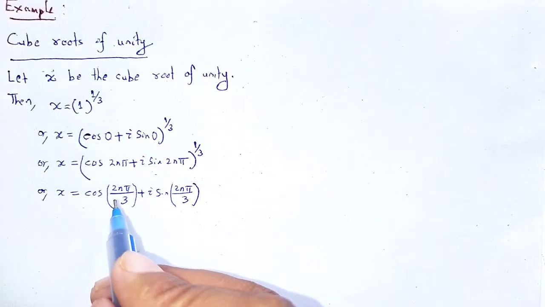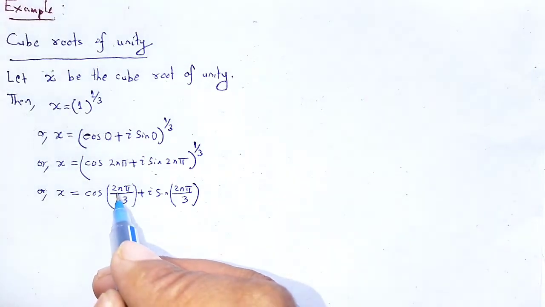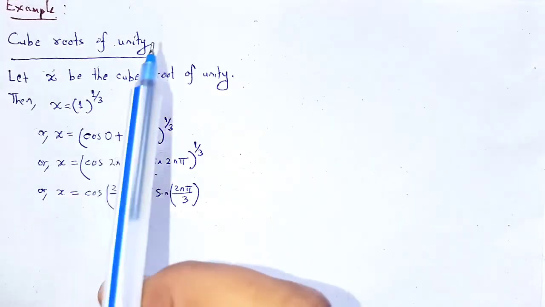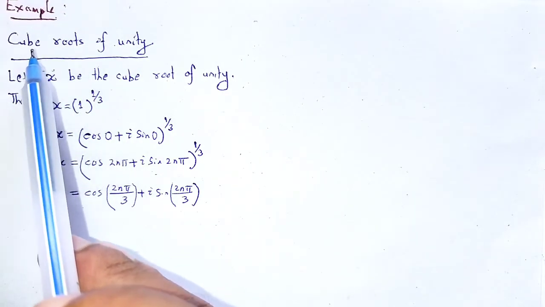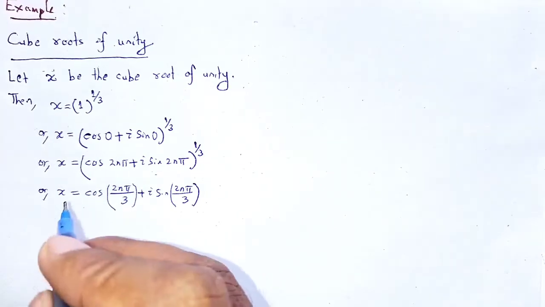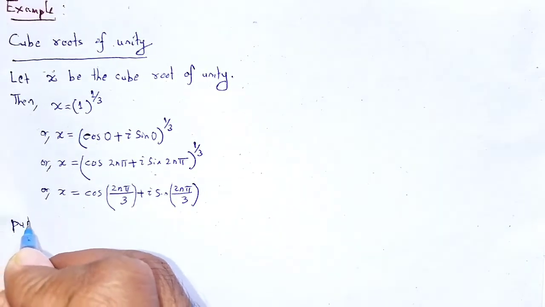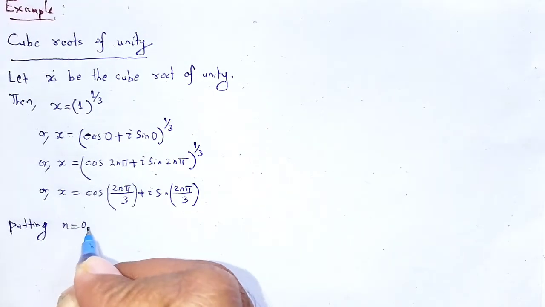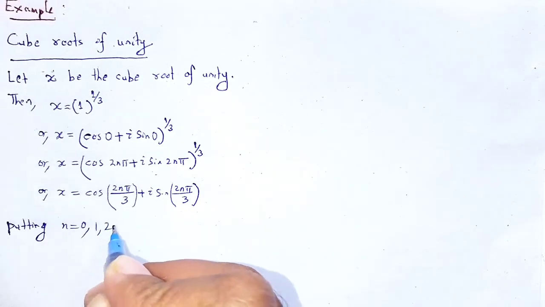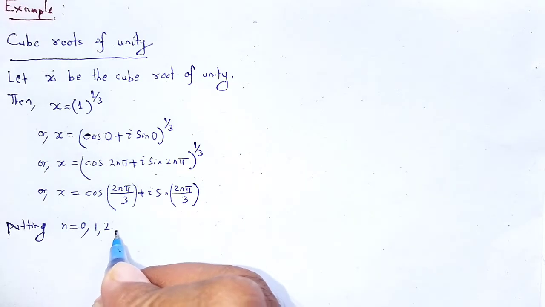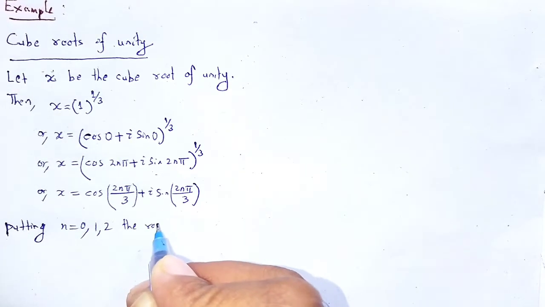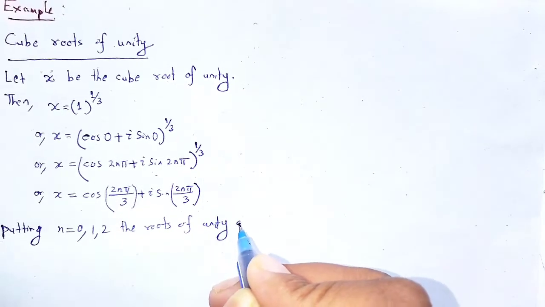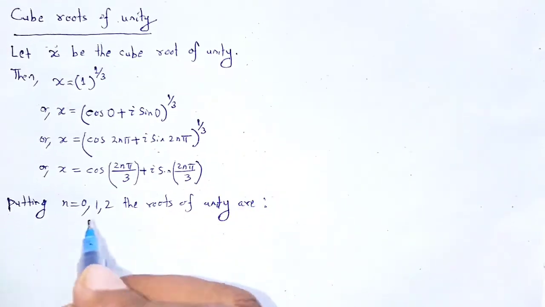Let me put the values of n as 0, 1 and 2, as the cube root means 3 roots. Putting n equal to 0, 1, 2, the roots of unity are found.